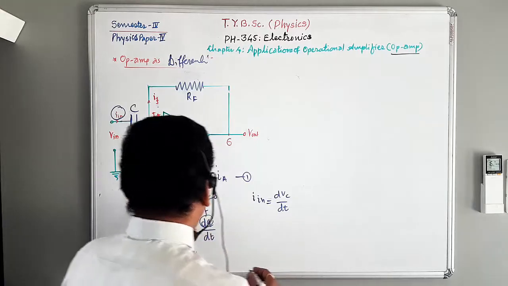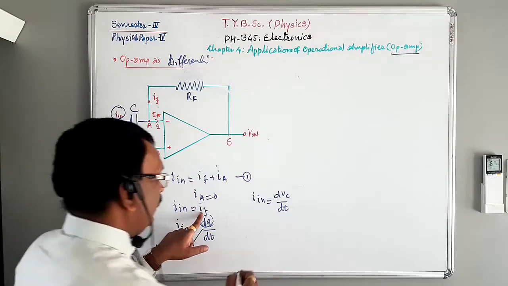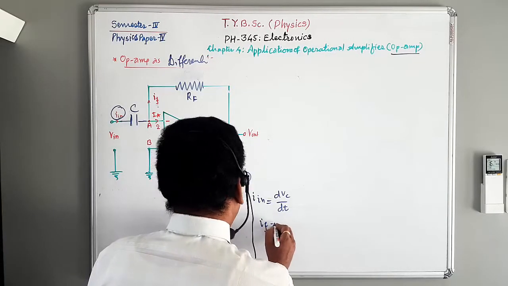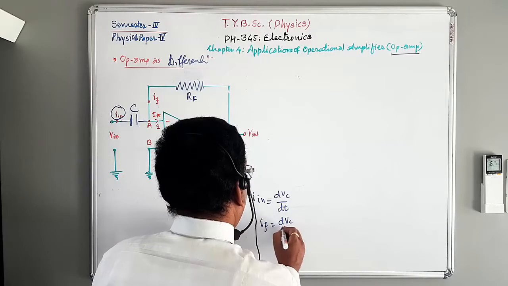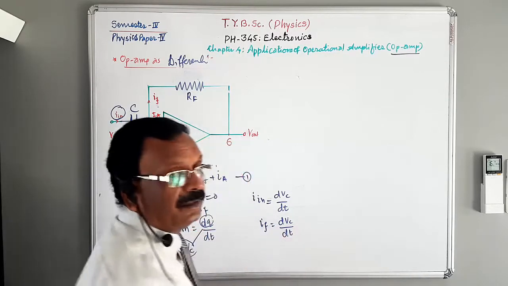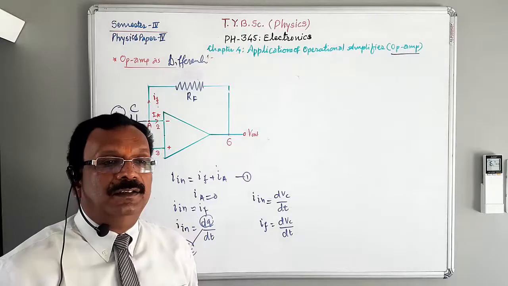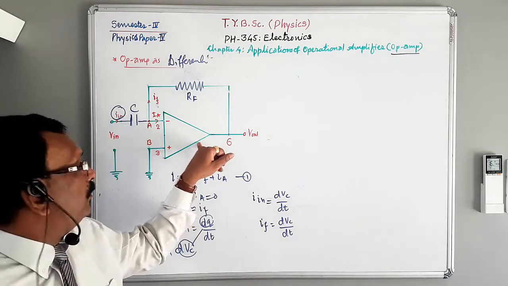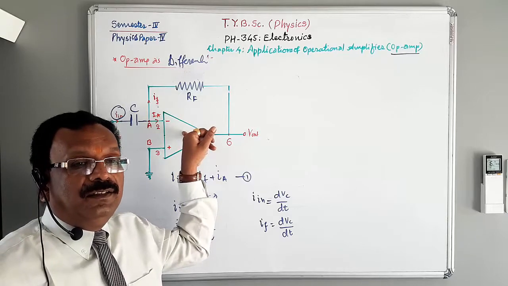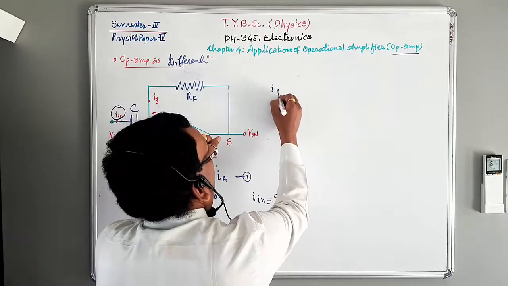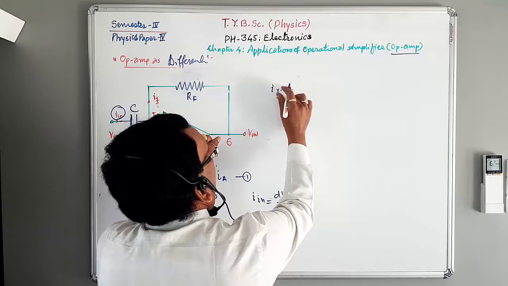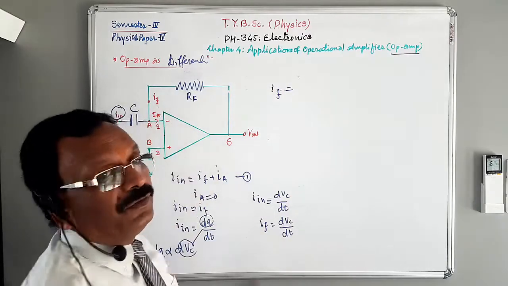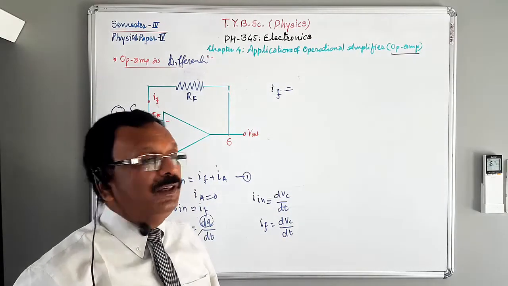But we know that IIN is equal to IF. Therefore, we can also write IF is equal to dvc by dt. Okay. Now from this figure, IF is equal to what?